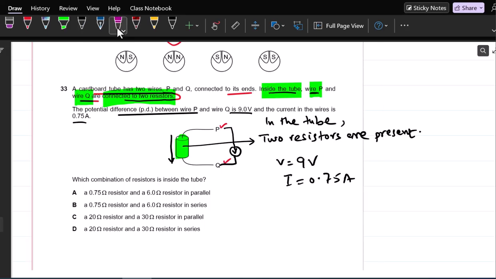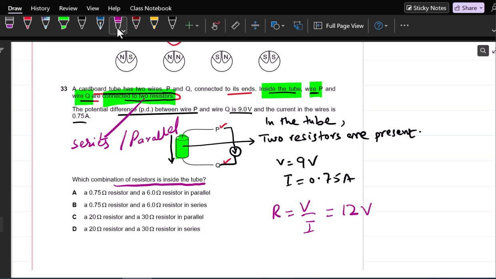We can find the resistance R is equal to V over I. So if you divide 9 divided by 0.75, you will be getting 12 ohm. Which combination of resistors is inside the tube? So we have to see whether it is going to be two resistors connected in series or parallel.